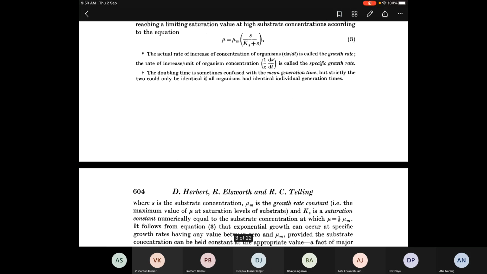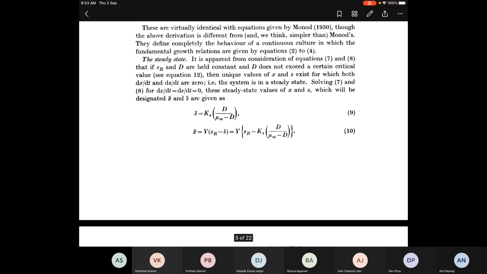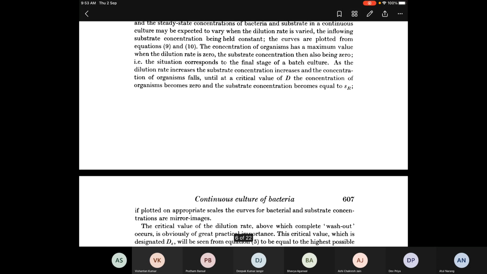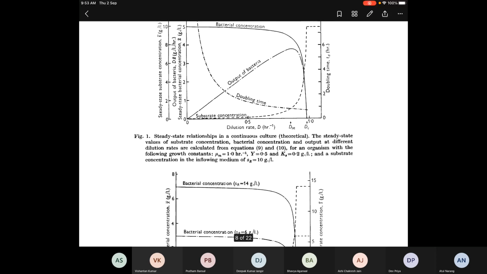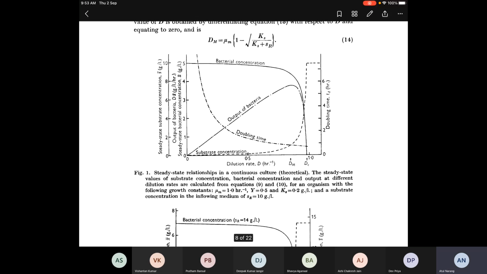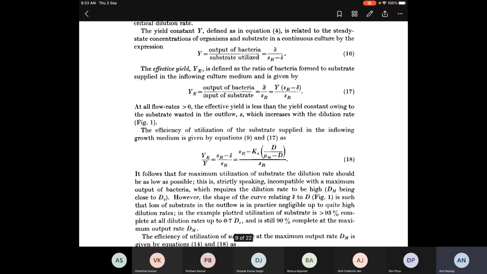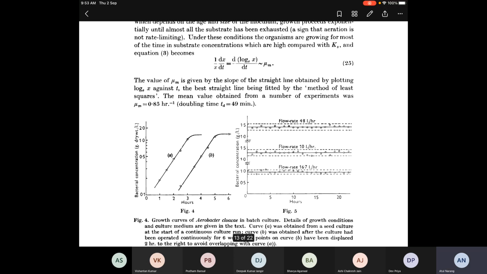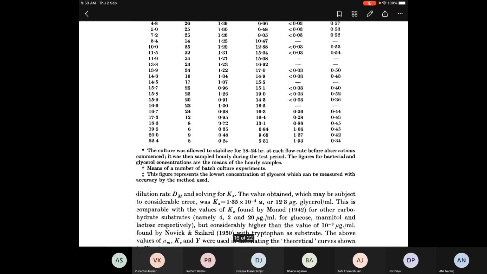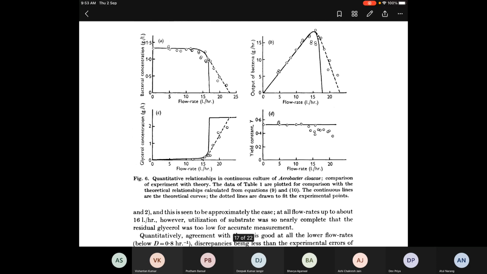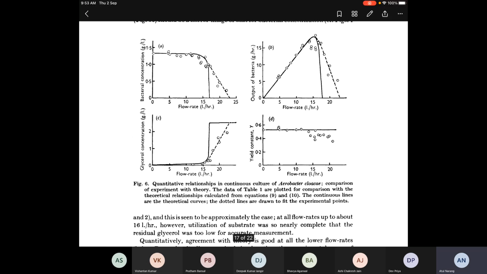So this is what the data looks like, this is the theory, and okay.